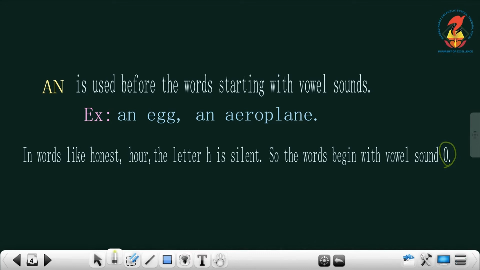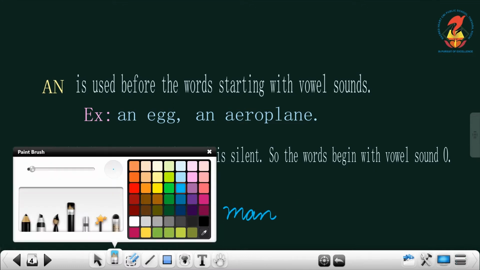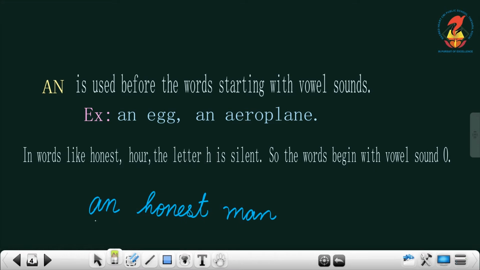So, it is an honest man. Here, an is used before honest, even though H is a consonant letter. What is the sound? The sound is O. So it is an honest man. Understood?